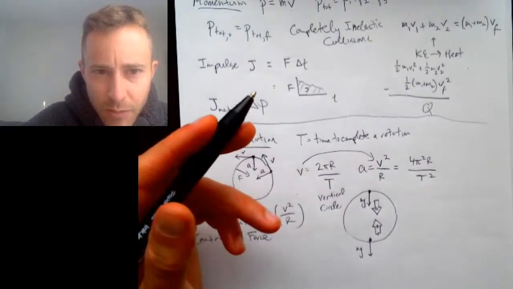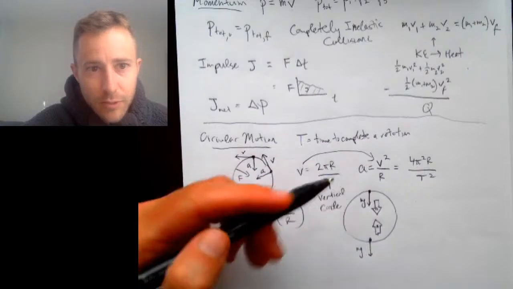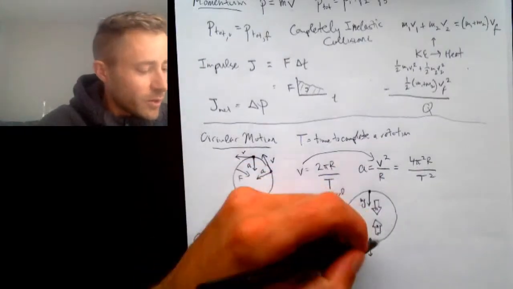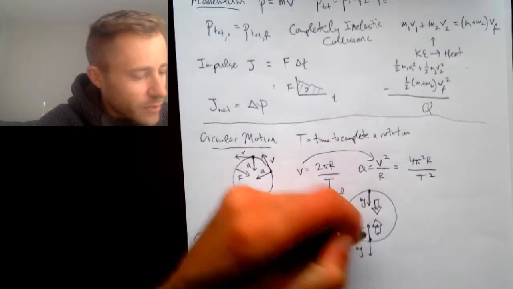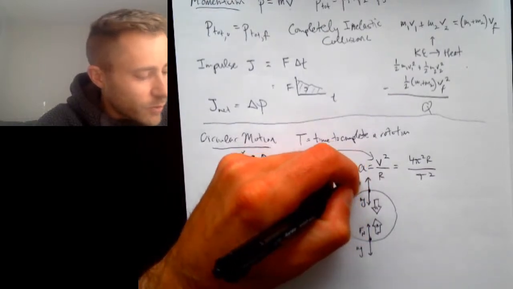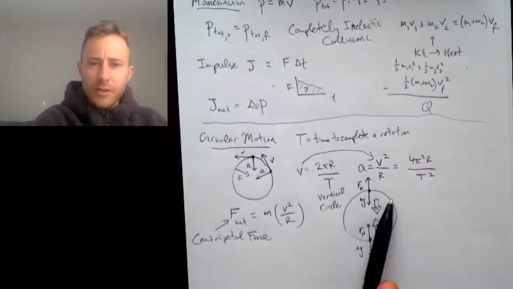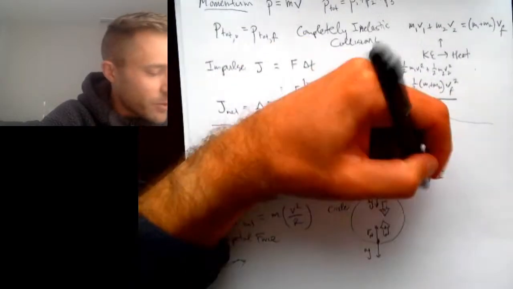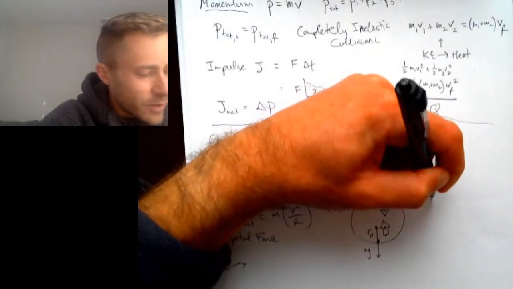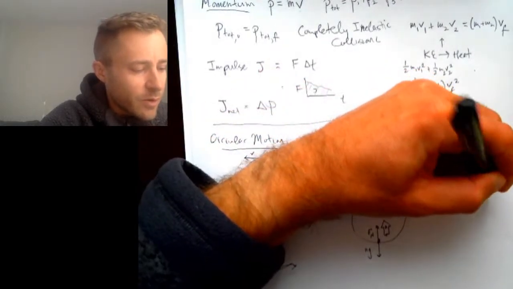So maybe you have something like a road. You're moving in a circle, and there's a road underneath you that exerts an upward reaction force, the normal force. So at the top of the circle, Newton's second law is going to be up force minus down force: normal minus mg equals negative mv squared over r.